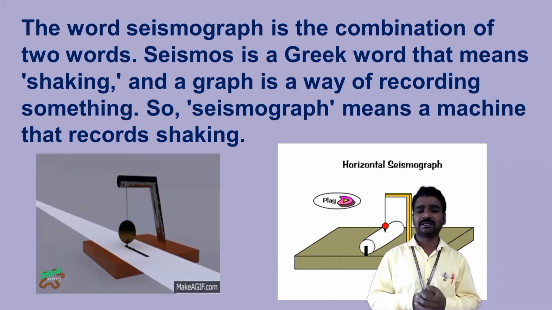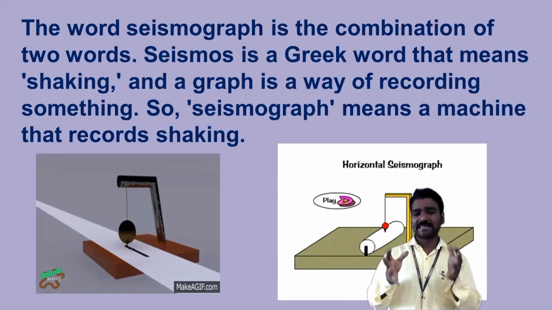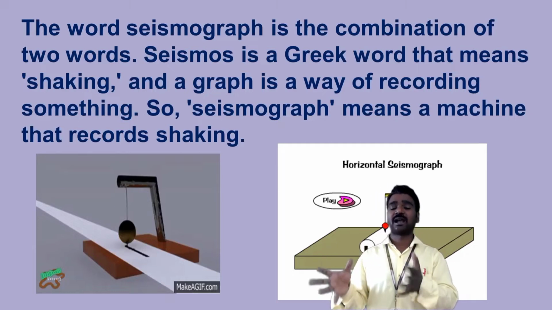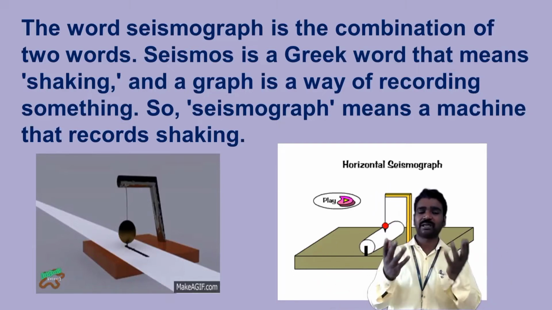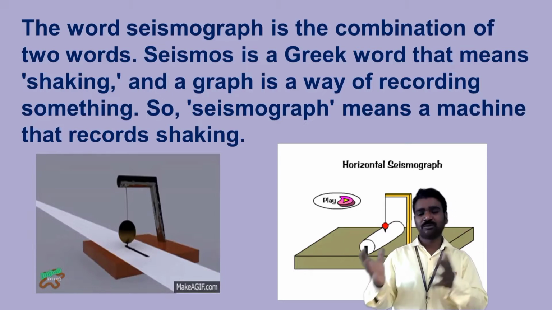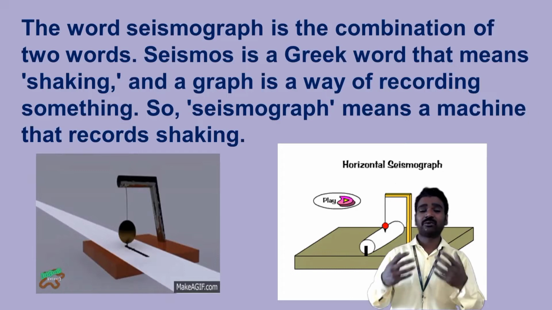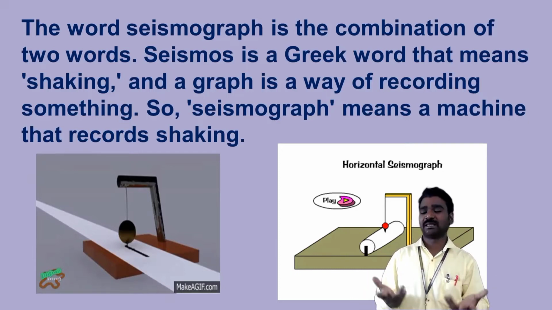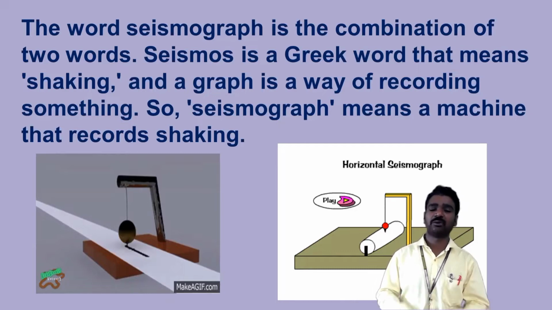First is seismos, a Greek word which means shaking, and the second word is graph. When we combine seismo and graph, we get seismograph. Seismo means shaking and graph means the way of recording something. So a seismograph is a machine that records the shaking of the earth or the ground.